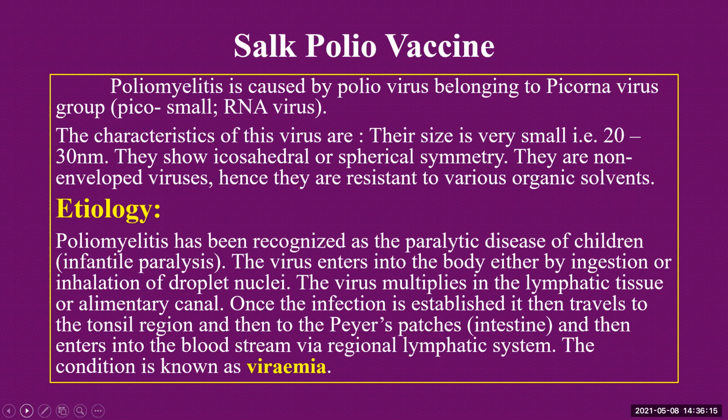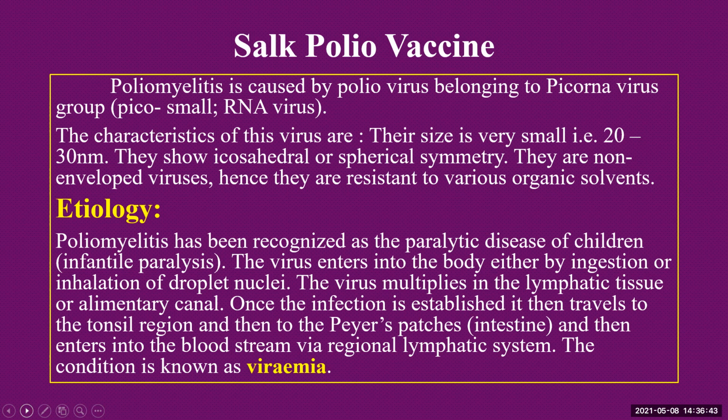The virus enters into the body by ingestion or inhalation of droplet nuclei containing the virus. The virus multiplies first in the lymphatic tissue or the alimentary canal. Once the infection is established, the virus travels to the tonsil region and then to the Peyer's patches, and then enters the blood stream via the regional lymphatic system.